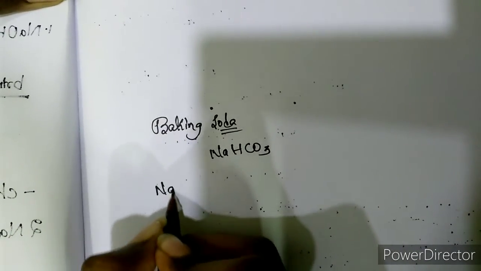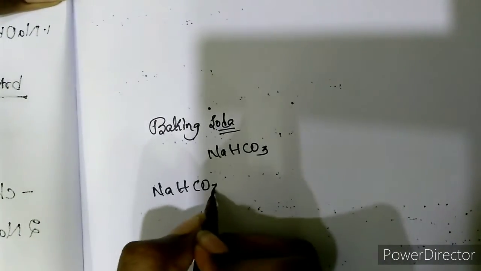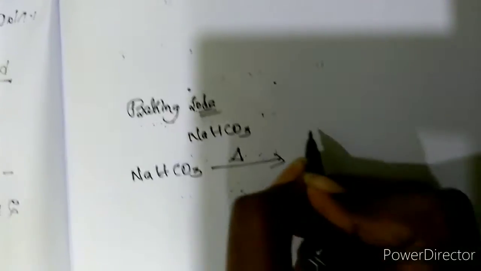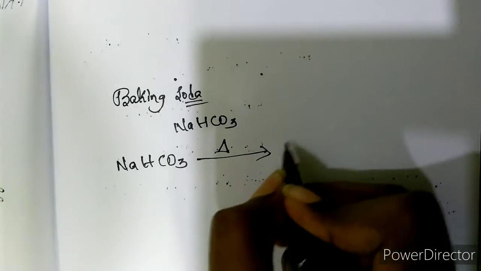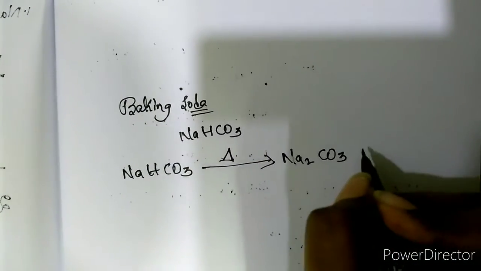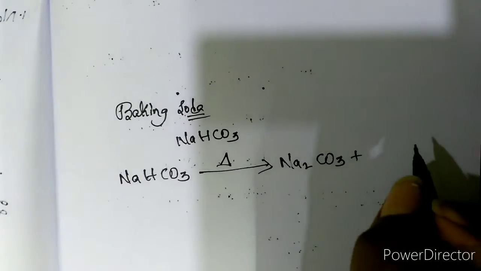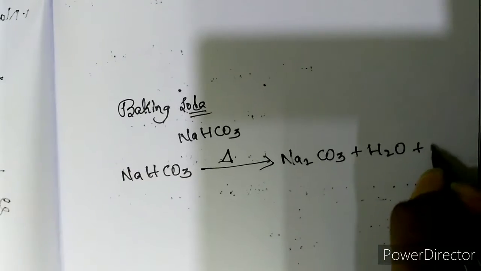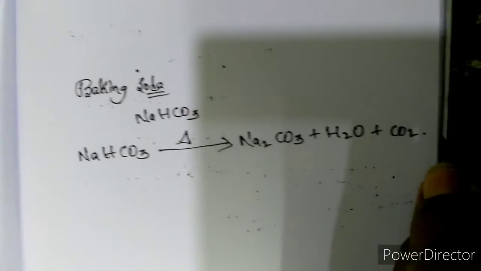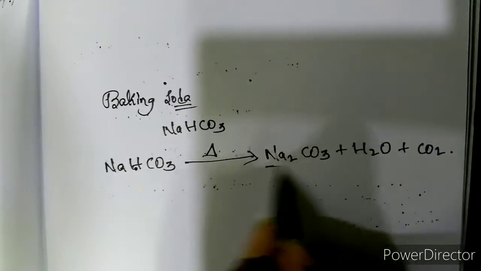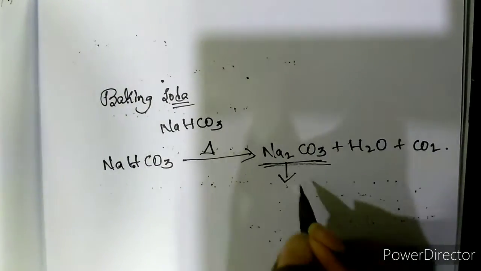If we heat NaHCO3, the products of this heating are Na2CO3 plus H2O plus CO2. By heating baking soda, Na2CO3 is formed.